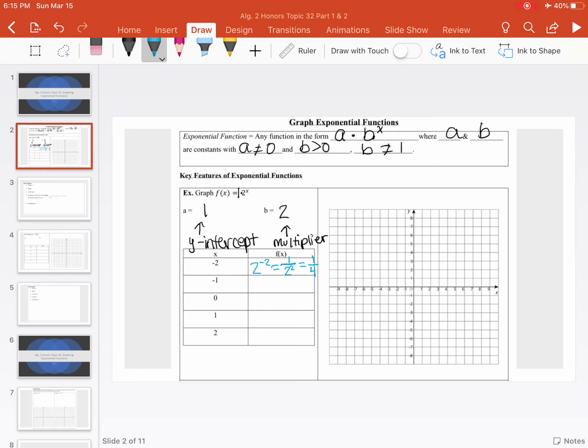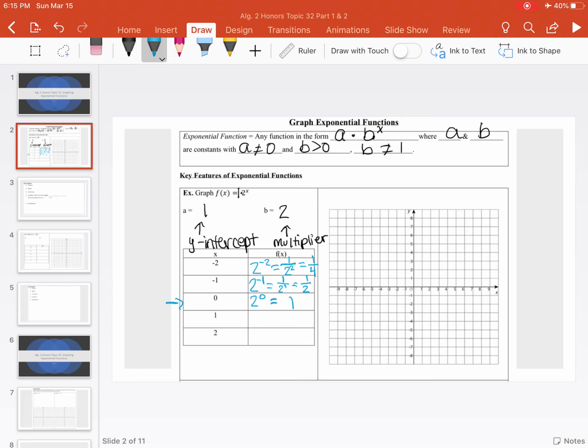Same thing if we plug in -1 for x, we get 2 to the negative first. We can reduce that to 1 over 2 to the positive first, which is just 1/2. If we plug in 0 here, we have 2 to the 0, and we know that anything raised to the 0 power is just 1, which shows that this is our y-intercept.